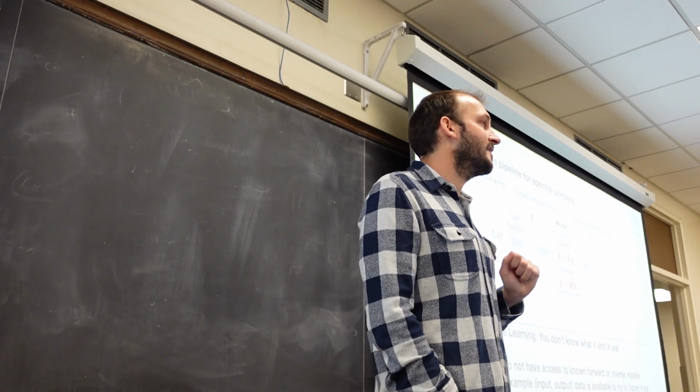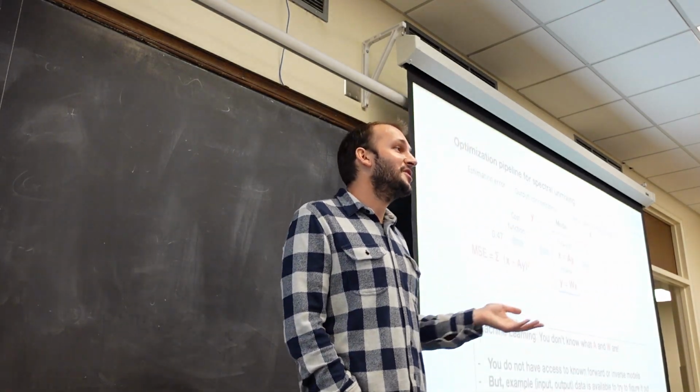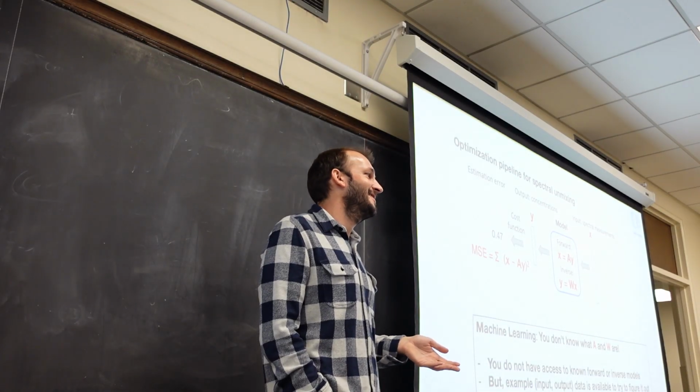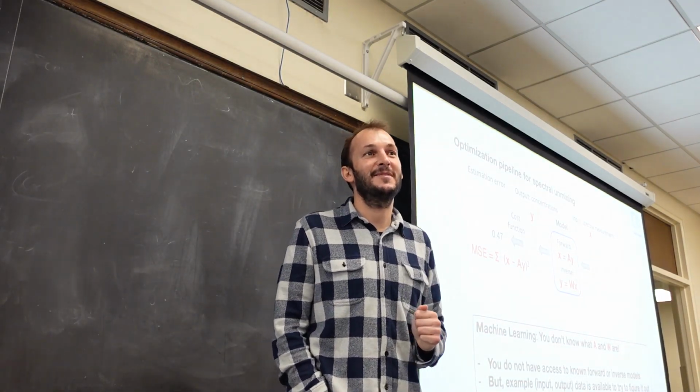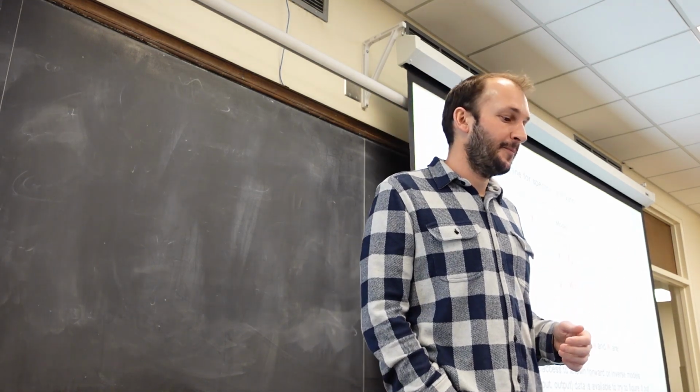I'm not able to write down a set of equations that do that. People have tried before machine learning, and I'm sure they failed. Otherwise, we'd be using those matrices. And so we need the computer to help us do that.